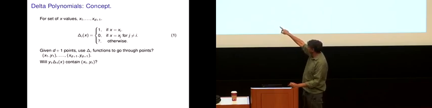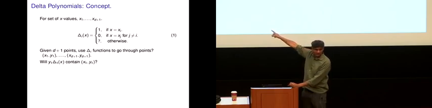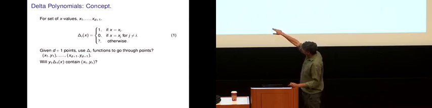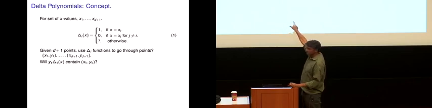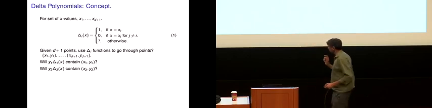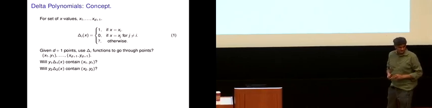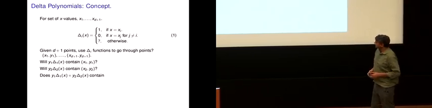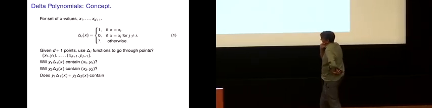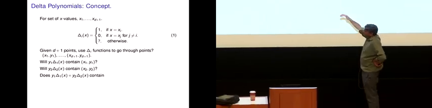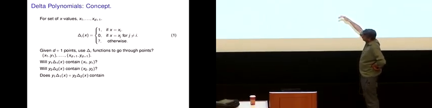That's what delta 1 is. So what is y1 times 1? y1. The delta polynomial is 1 at x1, so y1 times 1 is going to be y1. So that's true. Will y2 times delta 2 contain x2, y2? It's the same argument. Now let's think about this one: y1 delta 1 of x plus y2 delta 2 of x. Does it contain x1, y1?